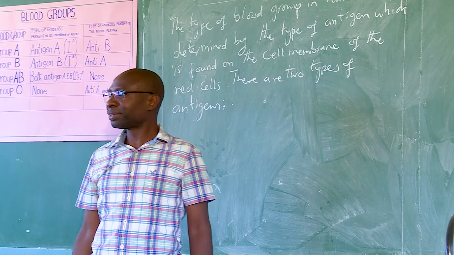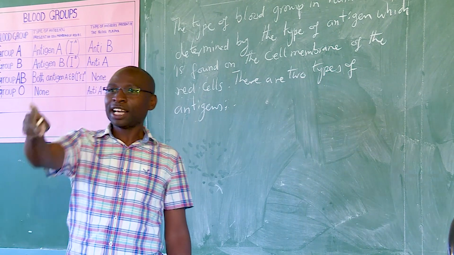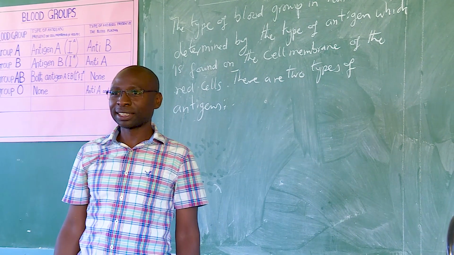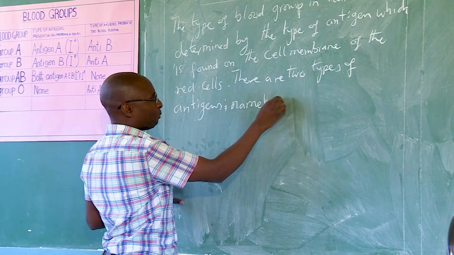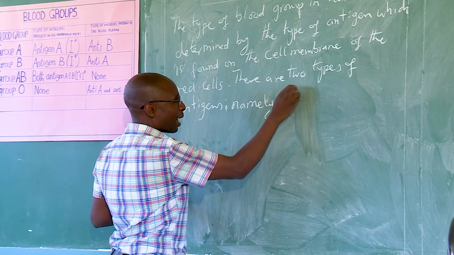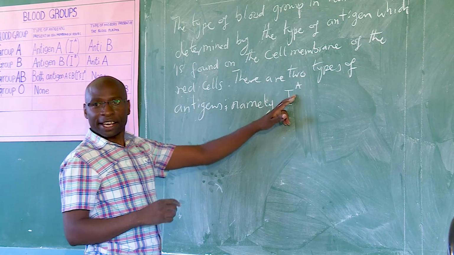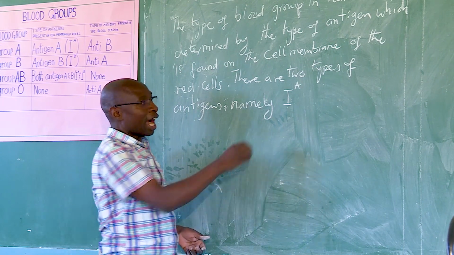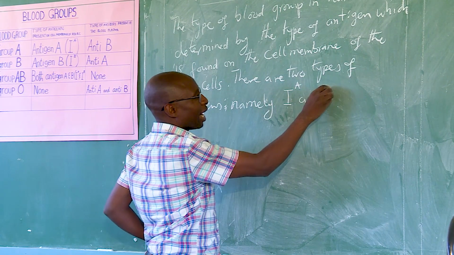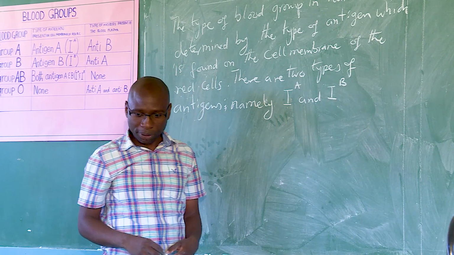Yes, Veronica? Correct, antigen A. Yes, Peggy? Antigen B. Okay. Namely, they are known by other names. When we have IA, it's referring to antigen A, and we have antigen B.